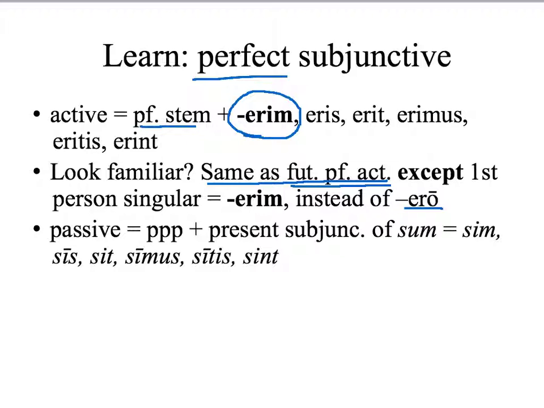So perfect stem plus the endings erim, eris, erit, erimus, eritis, erint. In the passive, once again, it's a two-word form. The PPP plus the present subjunctive of sum: sim, sis, sit, simus, sitis, sint.